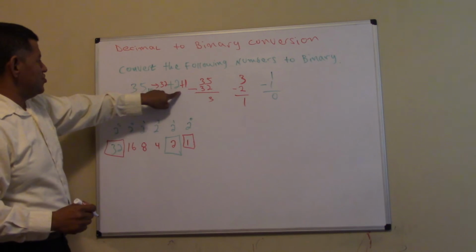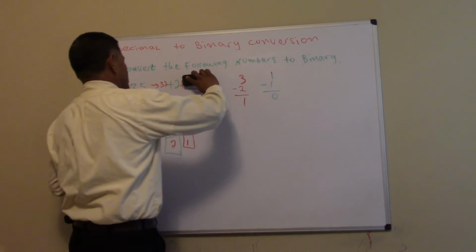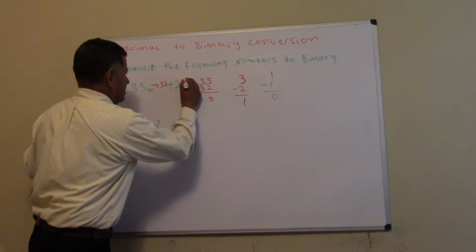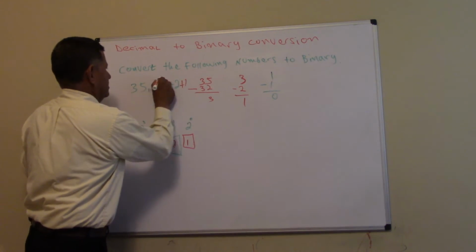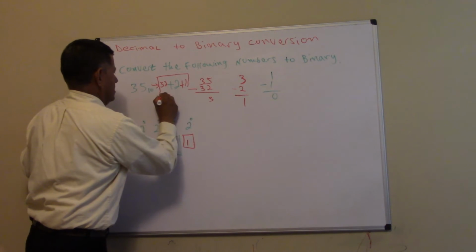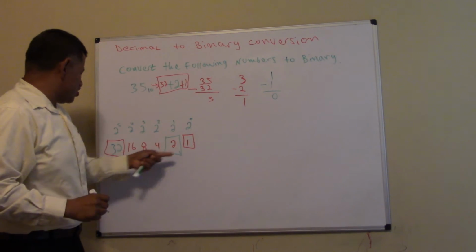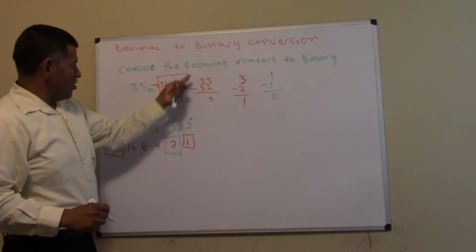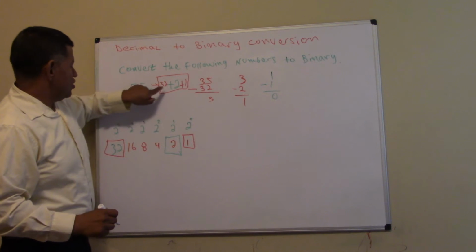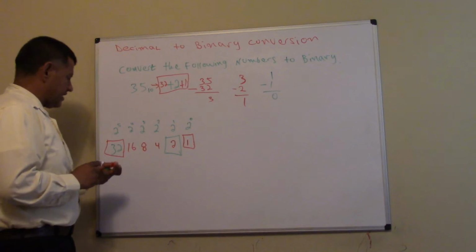So you want to make sure that the sum of the numbers you actually circle, when you did the subtraction, adds up to whatever number you have over here. 32 plus 2 is 34, plus 1 is 35. So now I know that is correct.